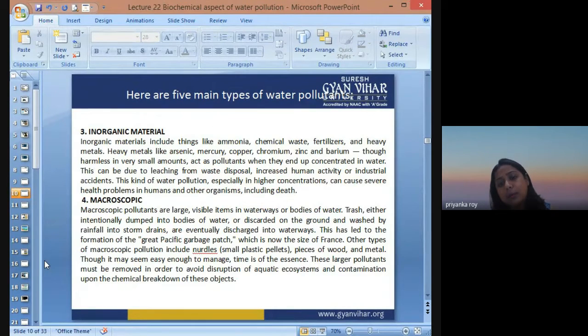This kind of water pollution, especially in higher concentration, can cause severe health problems in humans and other organisms, and it can lead to death and extinction of a species, like arsenic or mercury toxins. Mercury toxins can be transferred from aquatic animals to humans, especially those completely dependent on fish.